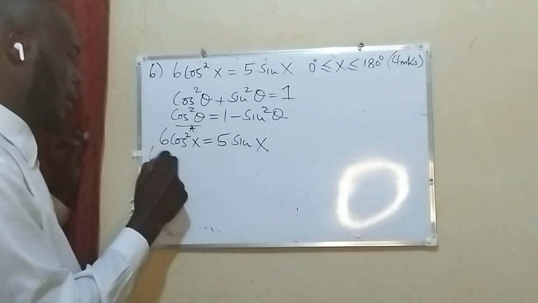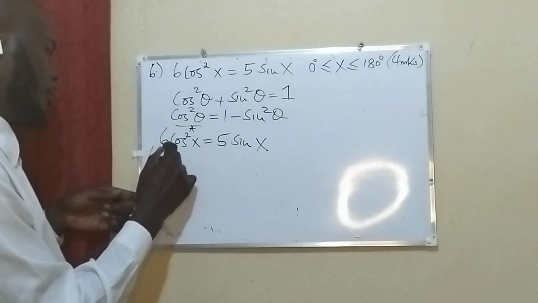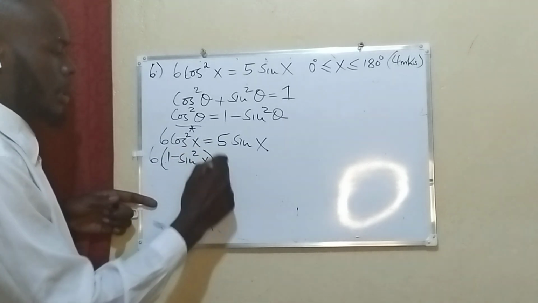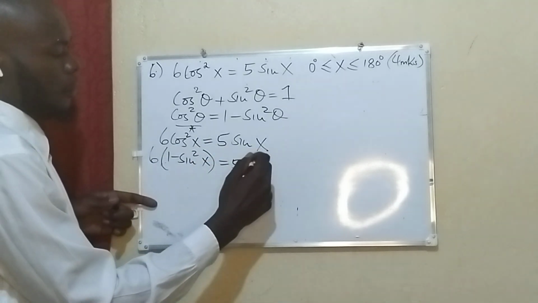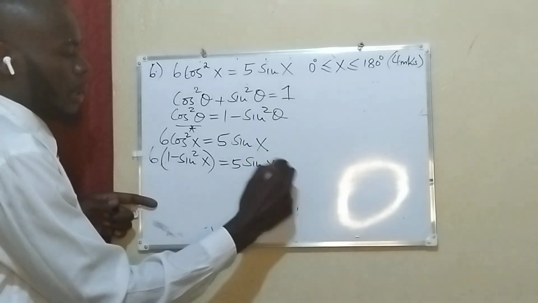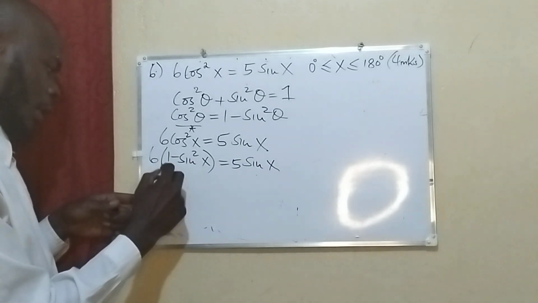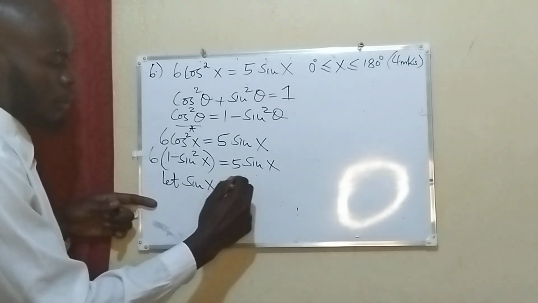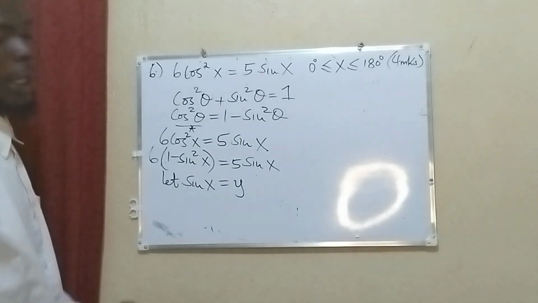So you'll have 6 into bracket 1 minus sine squared x is equal to 5 sine x. If you reach here, then you say let sine x is equal to y.